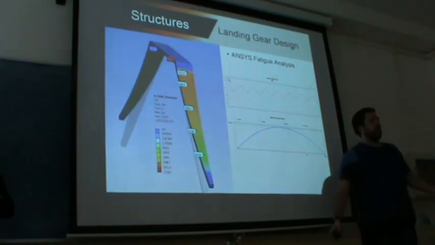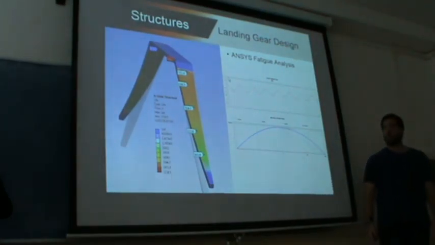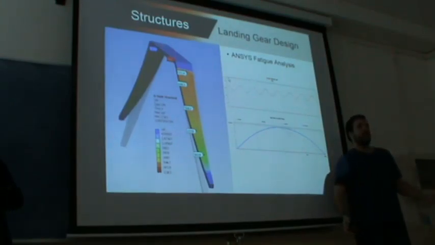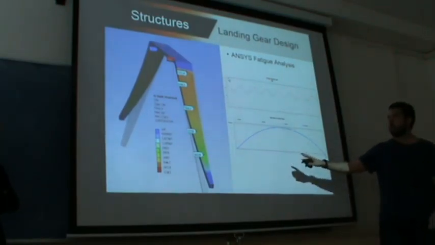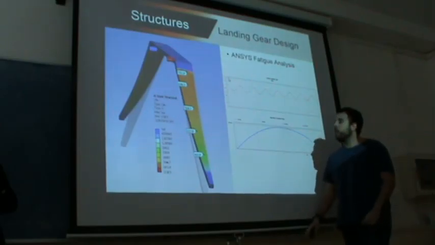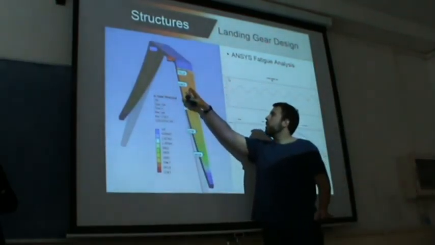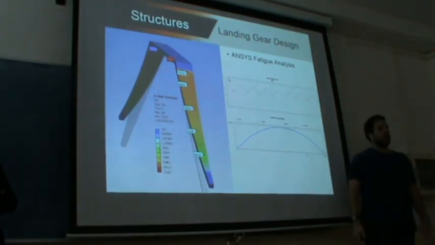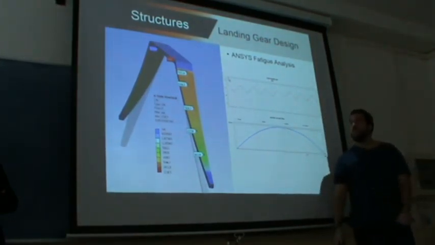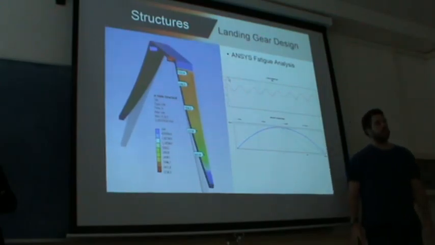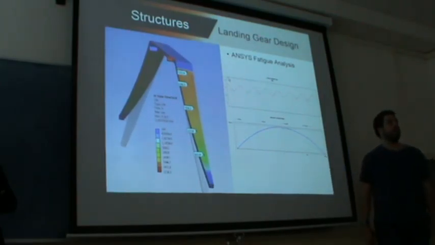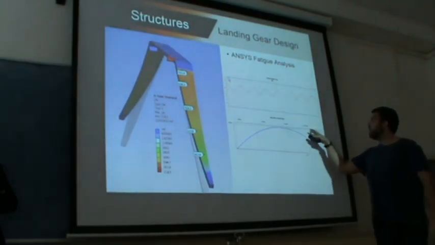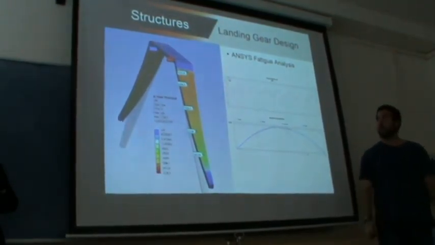And finally, for a first approach to a fatigue study, we used a generic titanium alloy from the ANSYS repository, and we find that the life of a landing gear is approximately 6,000 landing cycles. That was using the Goodman criterion.